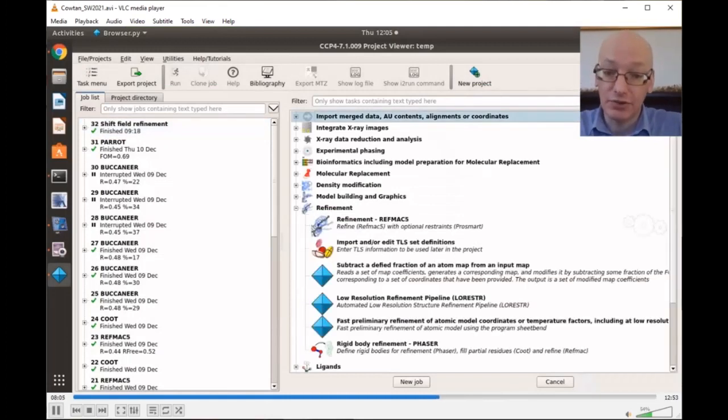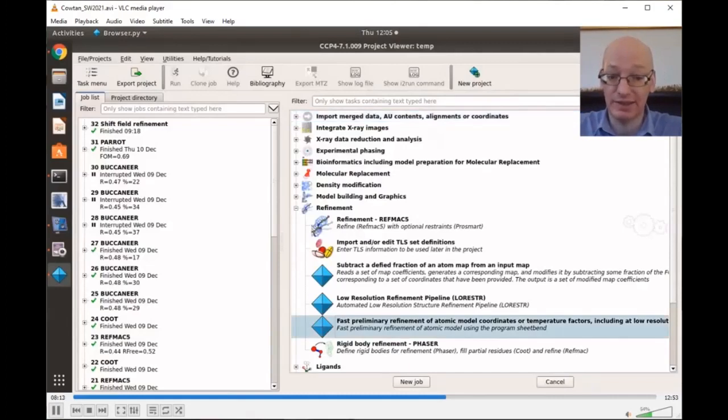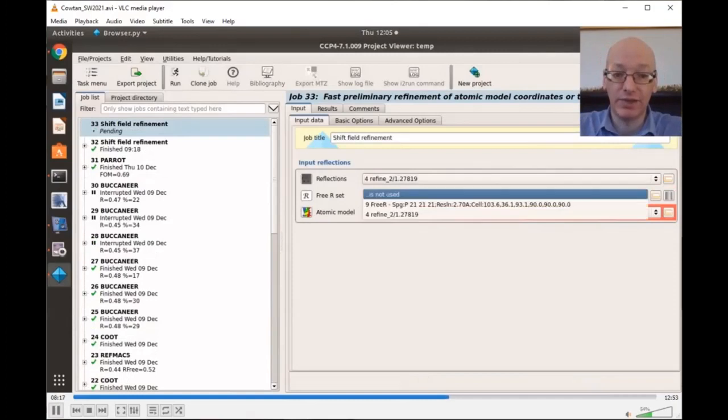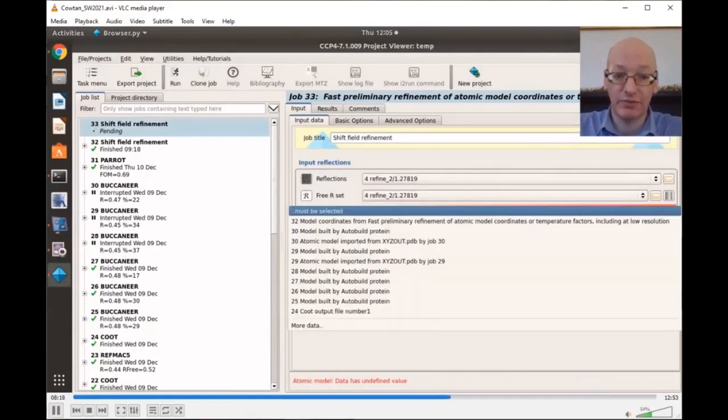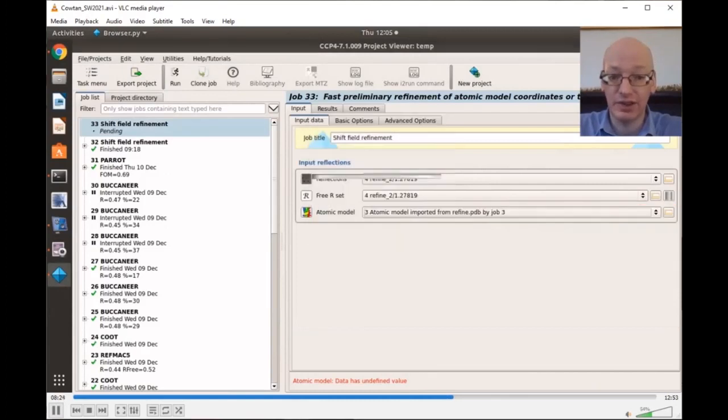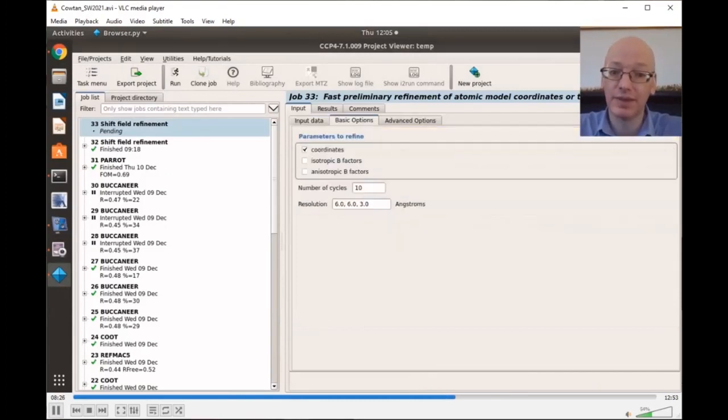So I'm going to go to the refinement menu and pick fast preliminary refinement for atomic model coordinates, including at low resolution. So that's sheet bend. And we need some reflections. I'll pick these, a free R factor, and an atomic model, which I want to use an earlier one from here.